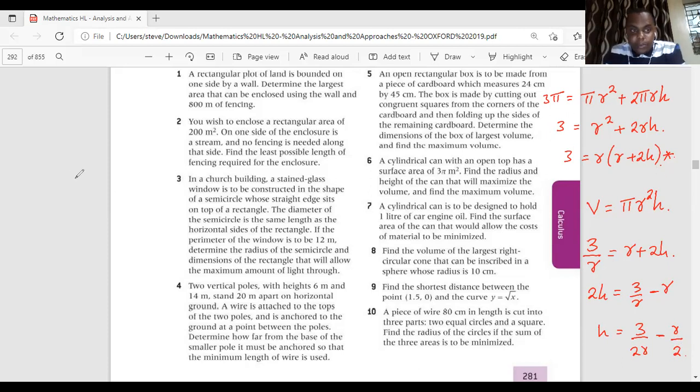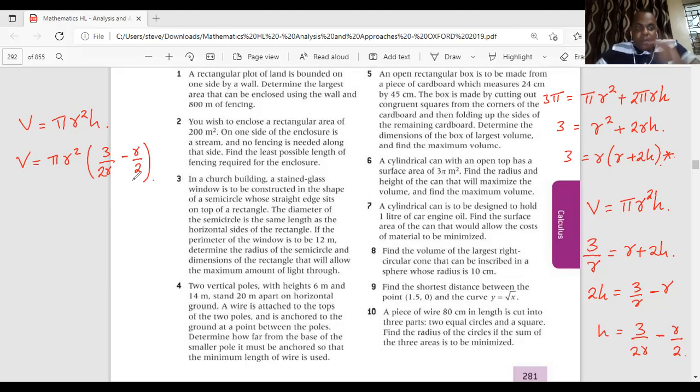So the volume V equals pi r squared h. We are going to substitute the h in that formula with whatever we just created. So V equals pi r squared, and then h is going to be 3 over 2r minus r over 2. Okay.